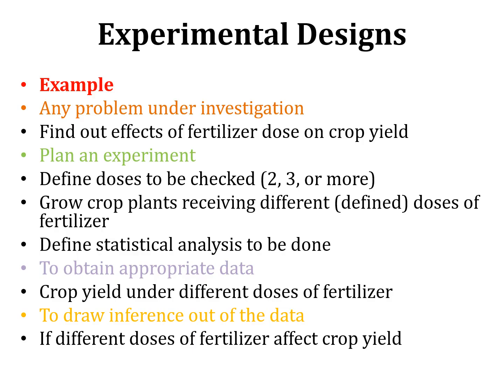So the data you're going to obtain out of this experiment is your crop yield, crop yield of plants under different doses of fertilizer. So this is the data that you have. Then you apply the statistical analysis on this data and you get your inference, whether there is an effect of different fertilizer doses on the crop yield or not. So this is how you plan experiments and you get your results or your answers.